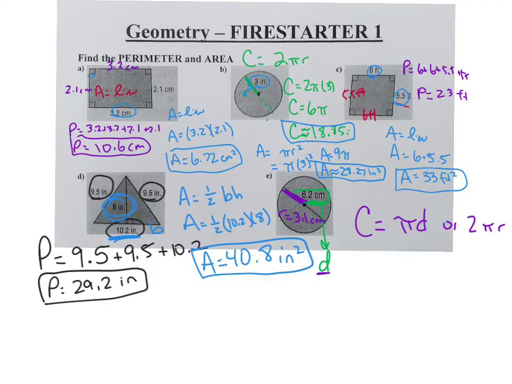So it doesn't really matter which one you use to me. So circumference is going to be pi times 6.2. Either way, you're going to get the same thing. So circumference is 6.2 times pi. Now, I'm going to use my calculator and do 6.2 times pi. I end up with about 19.48.